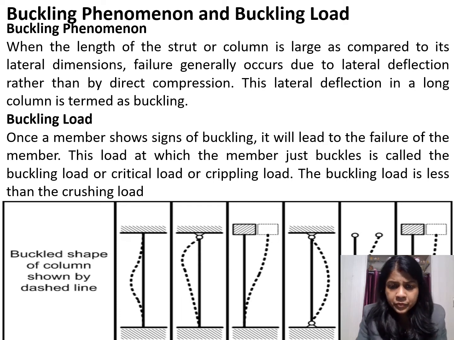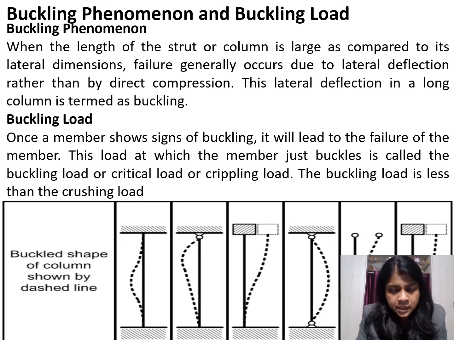Now coming to the second picture, at the bottom end of the column there is a fixed support due to the restraint, so the bending is quite negligible, and at the top part the column has been hinged or pinned.